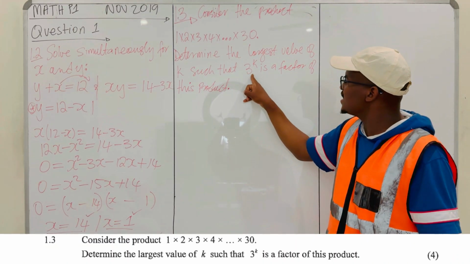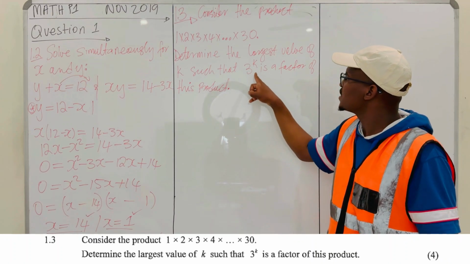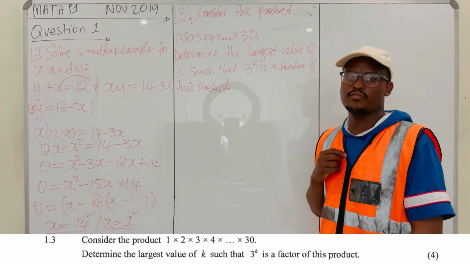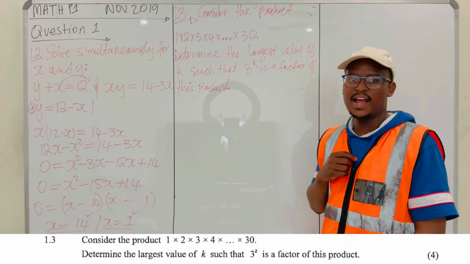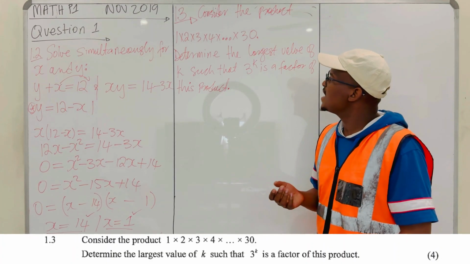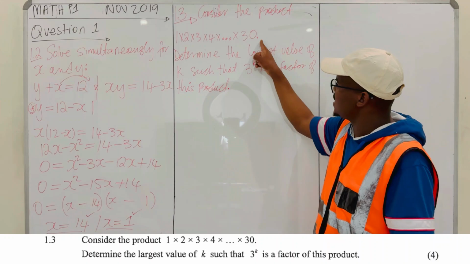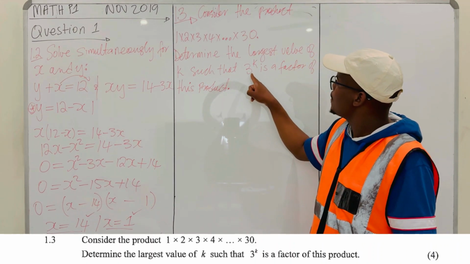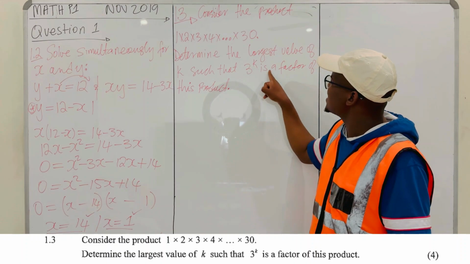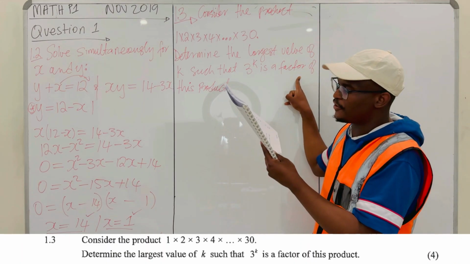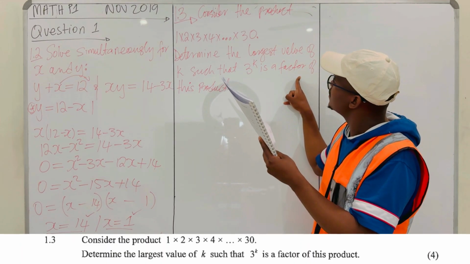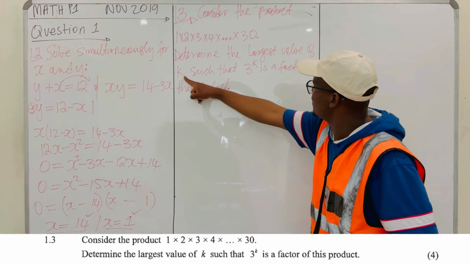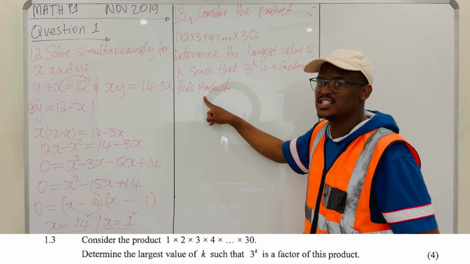What does it mean for this to be a factor of this product? It means this value here must be able to divide the answer to all of that. Right? That's what they are saying. You are given this product here, and they want the largest value of k so that 3 raised to k is a factor of this product.